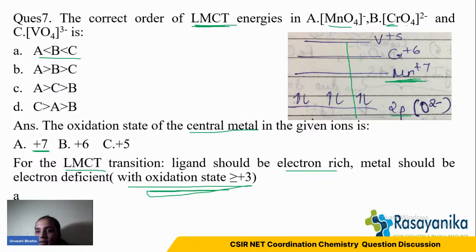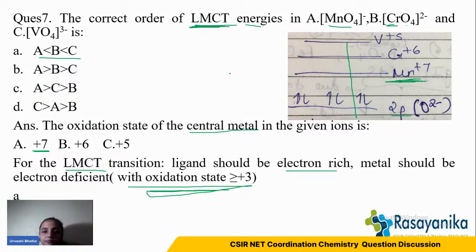And then next is 2p to chromium, and then 2p to manganese. So the highest amount of energy is required for vanadium. That is why the ligand to metal charge transfer energy is going to be highest for vanadium, followed by chromium, and then the manganese ion.